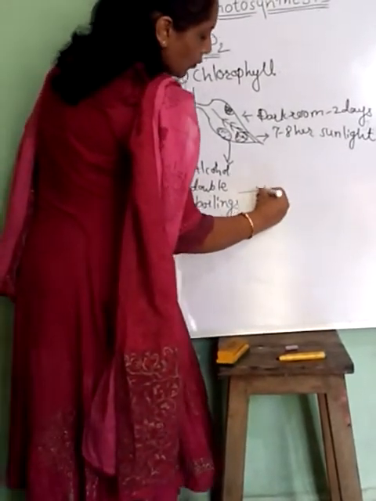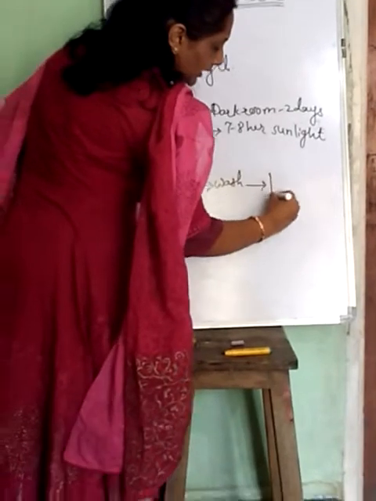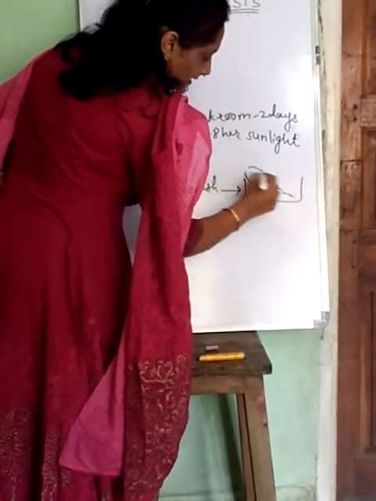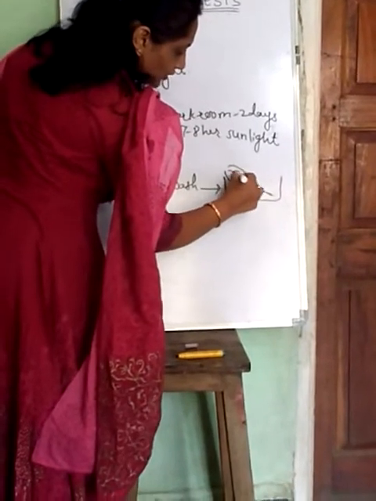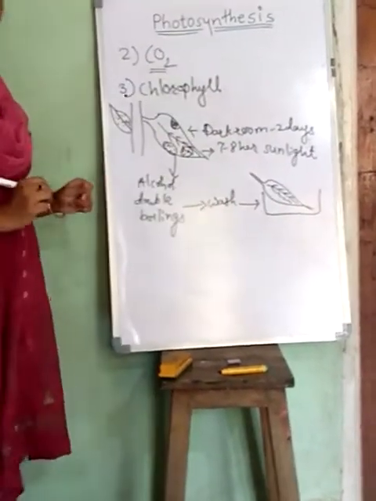Then we are going to wash it with warm water. Then we are going to take this leaf in a petri dish for discolorization. After discolorization, we are going to observe the test with iodine.